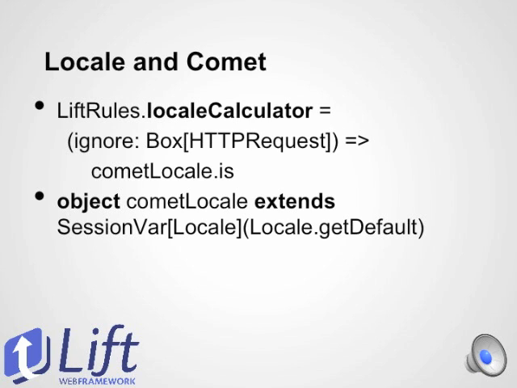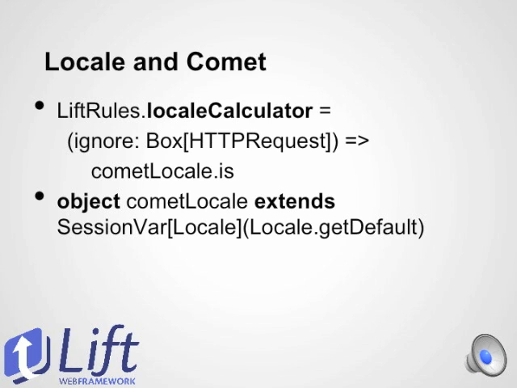For the Comet actor, the HTTP request will always be empty. But it doesn't matter because we know that, and what we want is just to read the value from the SessionVar. And this SessionVar is a simple thing: you extend SessionVar, and then you give it a default value.